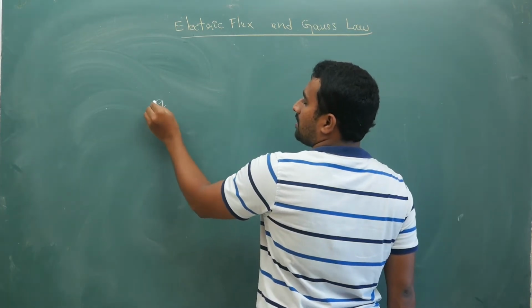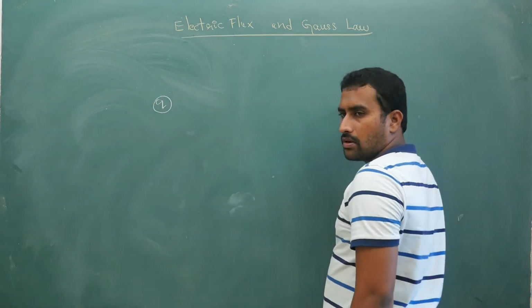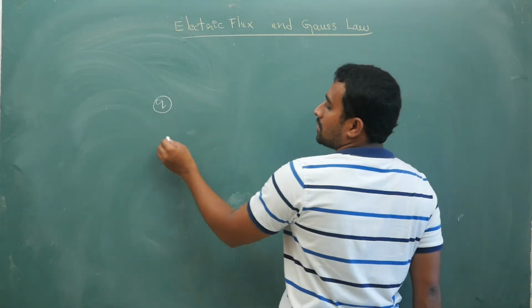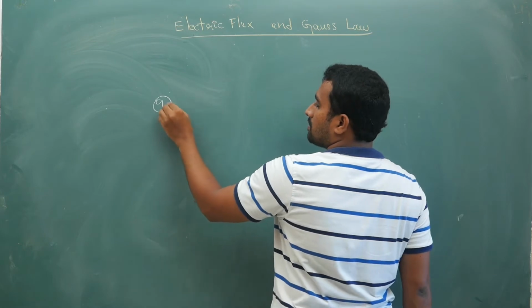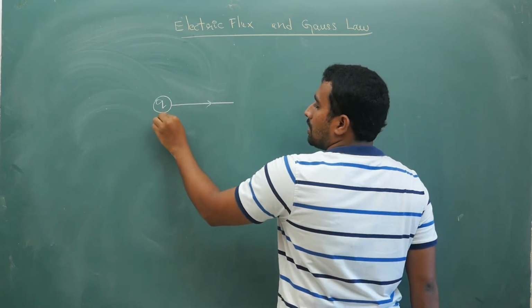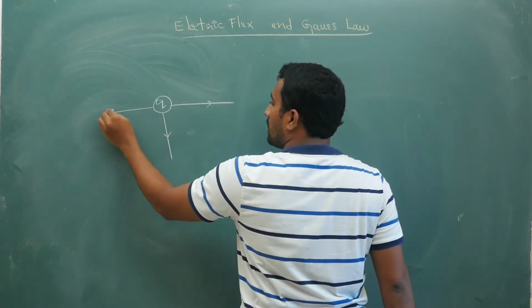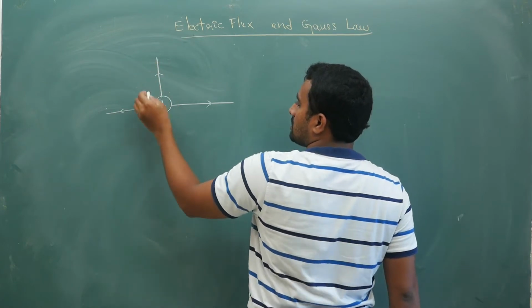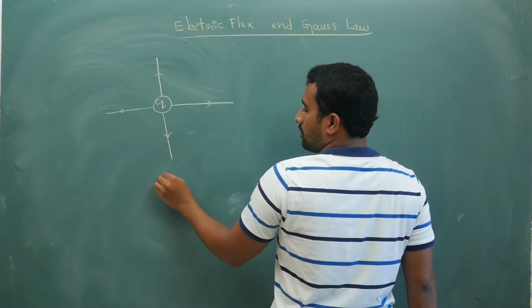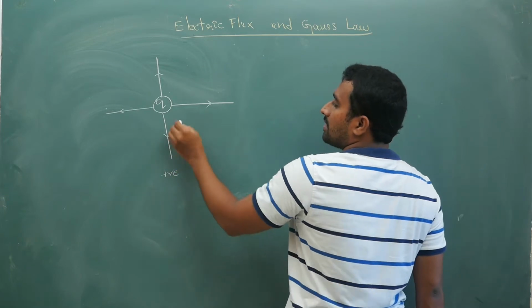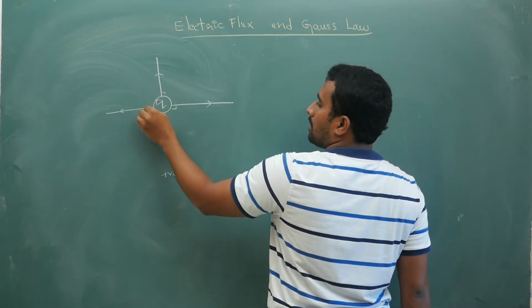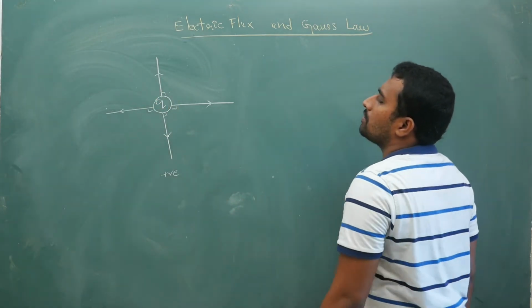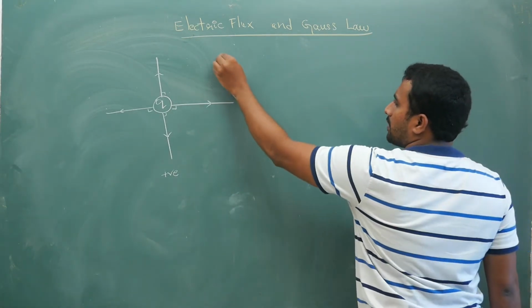If you have a charge q, and if this charge q is positive, then your field lines will be away from the positive charge like this. So for a positive charge, field lines are away. I want you to remember these basic points.